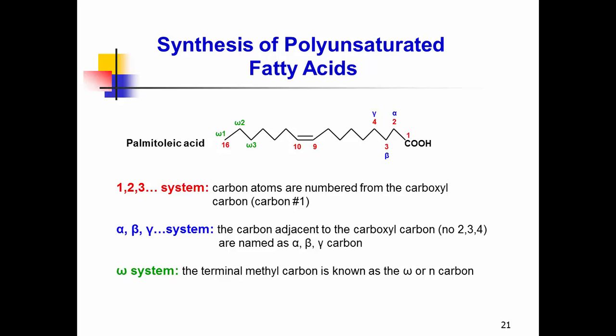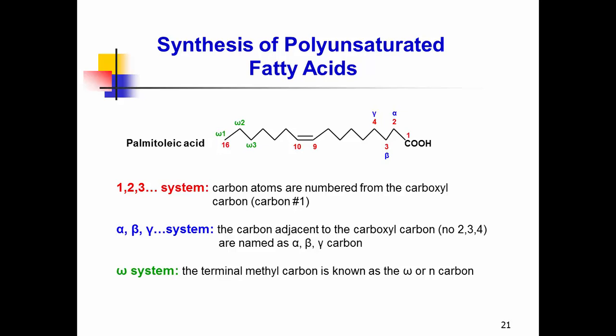So sometimes you hear about omega 3 fatty acids or something like this, right? It depends on the position. Omega 3 fatty acid means that the double bond is at the omega 3 position, or omega 6, the double bond is at the omega 6 carbon position. Just try to be familiar with these different number systems.